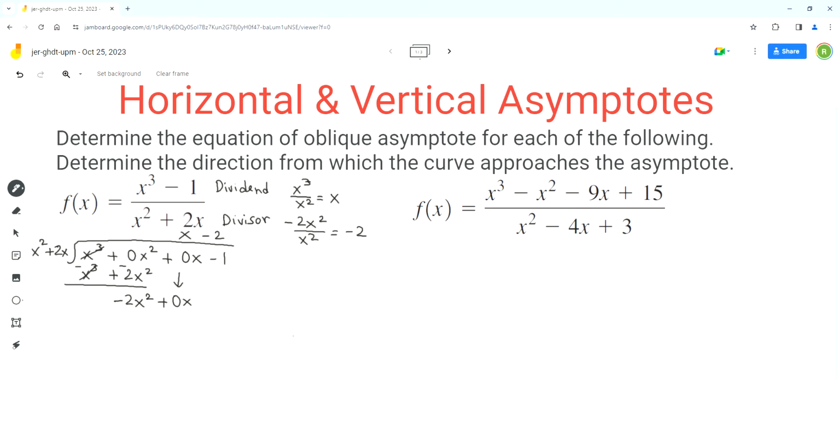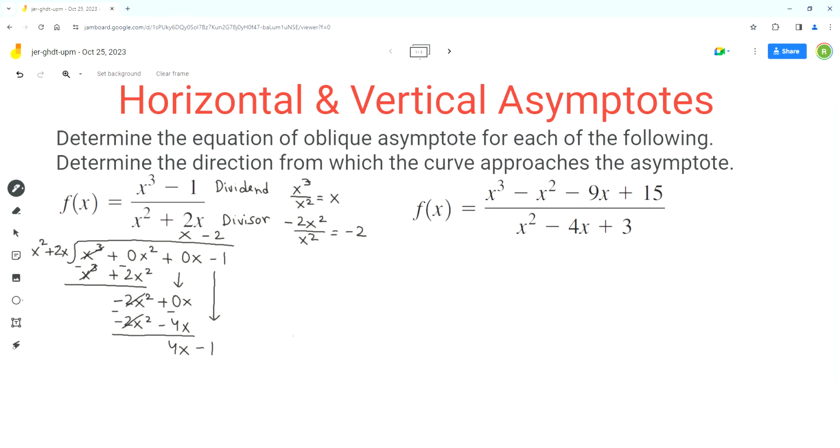Negative 2 times x squared is negative 2x squared, and negative 2 times positive 2x is negative 4x. Now we can subtract the terms. Negative 2x squared cancels out, and 0x minus negative 4x is positive 4x. And now we can move the negative 1 down.